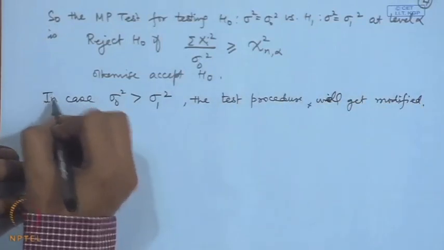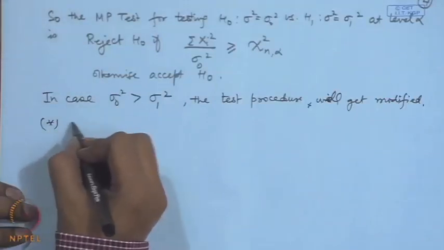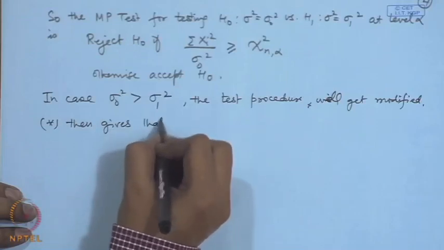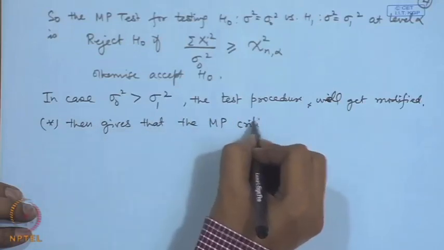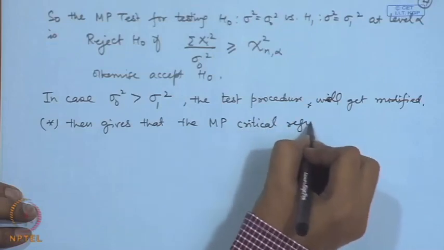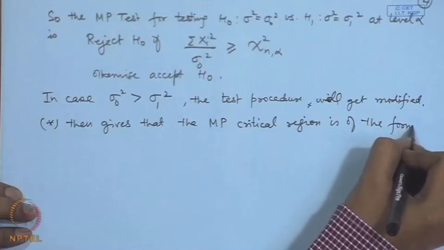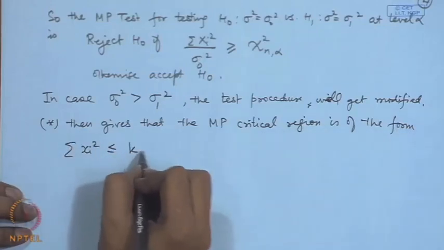So, for example, let me call this condition as a star. A star then gives that the most powerful critical region is of the form sigma x I square less than or equal to say k 3.